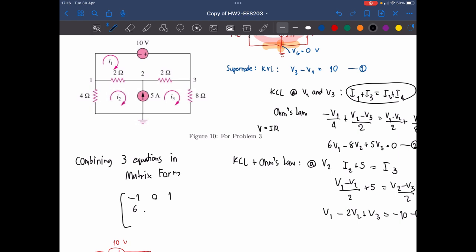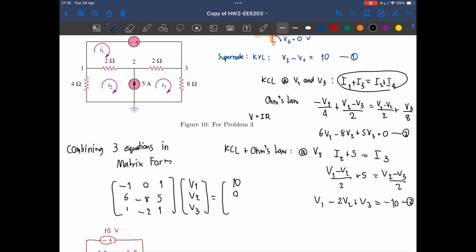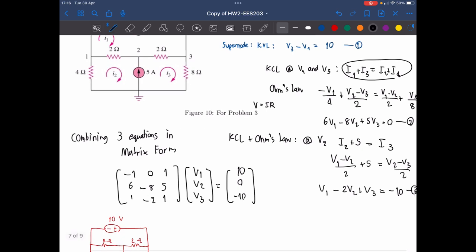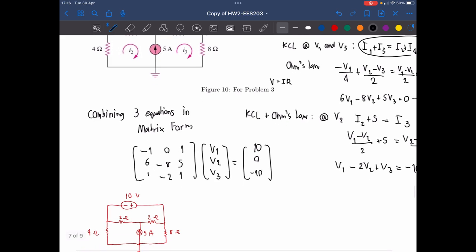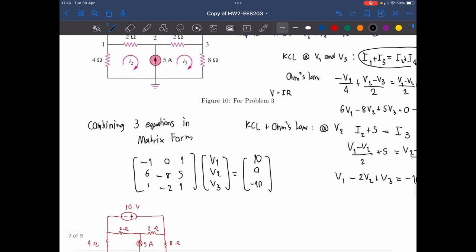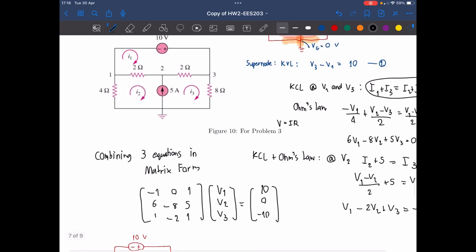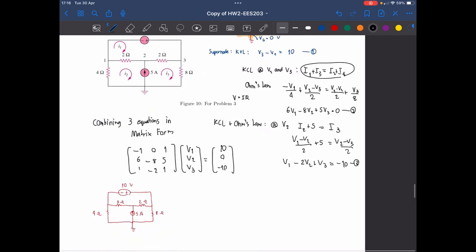The second one, 6, minus 8, 5, and 1, minus 2, 1. So this is the matrix equation using nodal analysis in the first part.